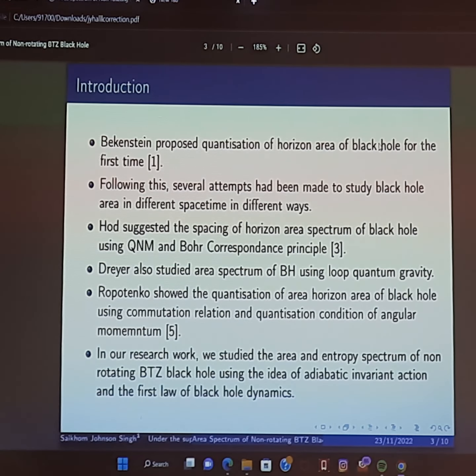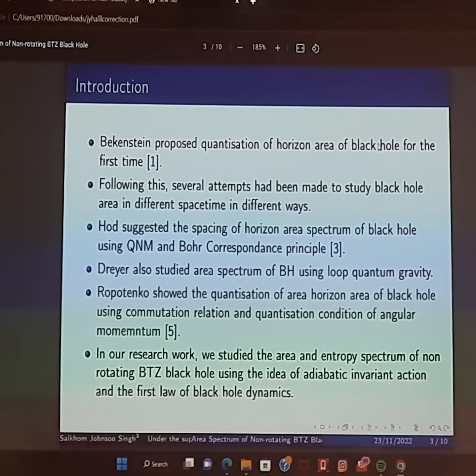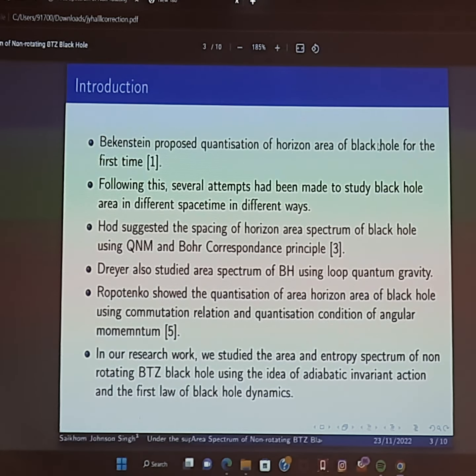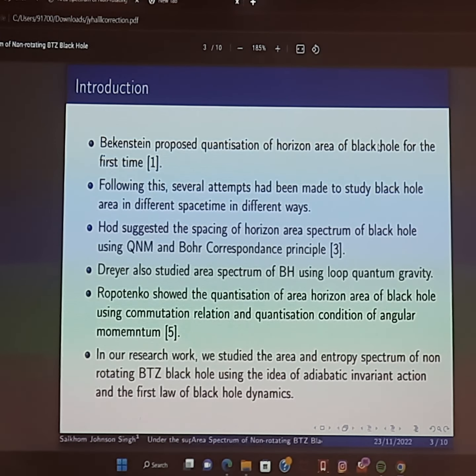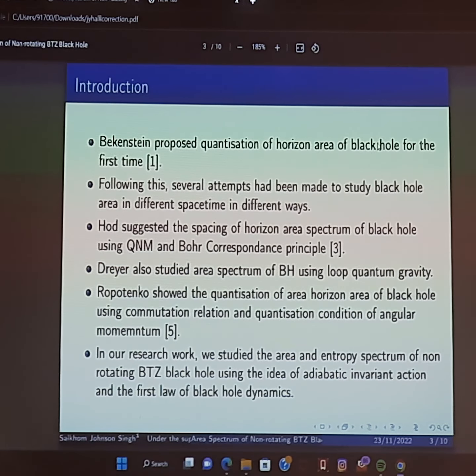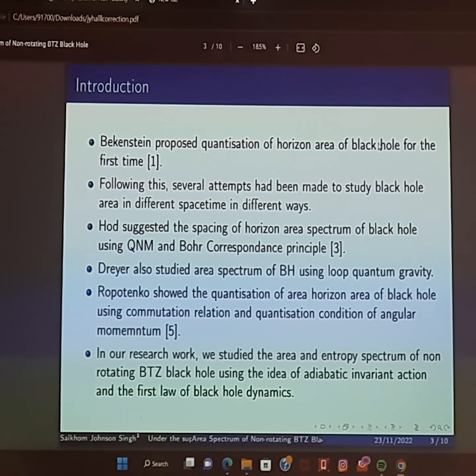Among these studies, Hod studied the spacing of horizon area using quasinormal modes and the Bohr correspondence principle. By using loop quantum gravity, Dreyer studied the area spectrum of black holes.